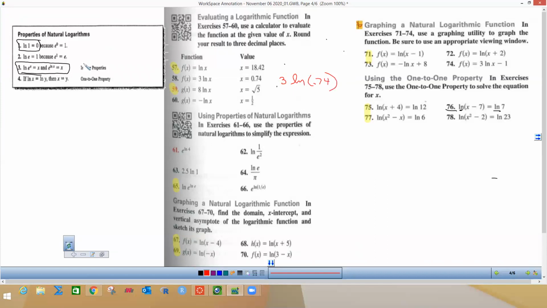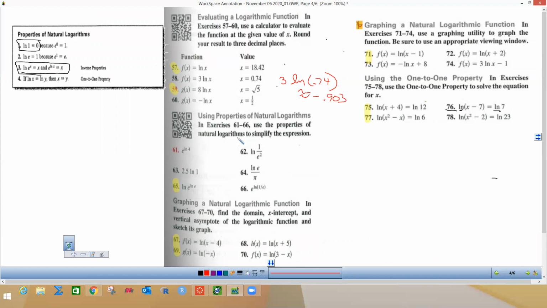Do you remember right under log is where ln is? So everybody type 3, and then to the left of the 4, type in ln, and then type 0.474, and round that to 3 places. Somebody tell me what that is? Can't hear you. -0.903. All right, there we go.